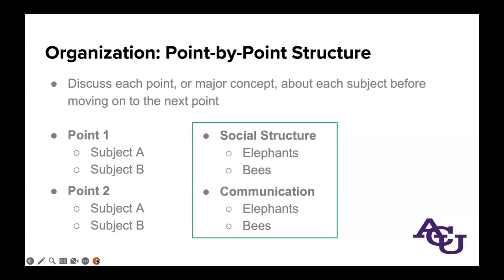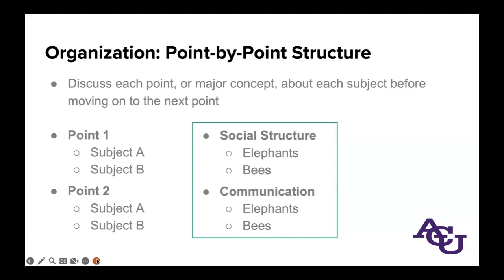And let's go back to the OWC and our obsession with the animal kingdom. Okay. We choose to discuss the similarities and the differences between elephants and bees. So within this very broad topic of elephant and bee differences and similarities, I might decide that I want to show how they are similar and different in terms of organized social structure and communication.